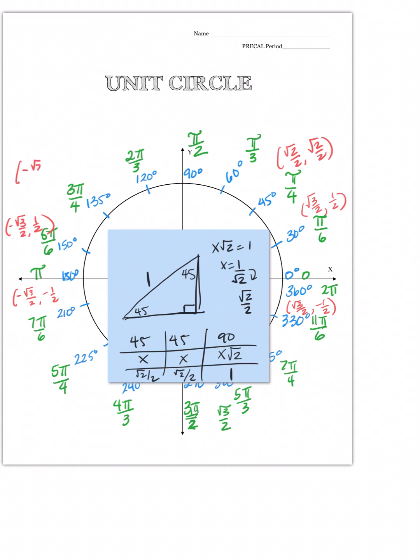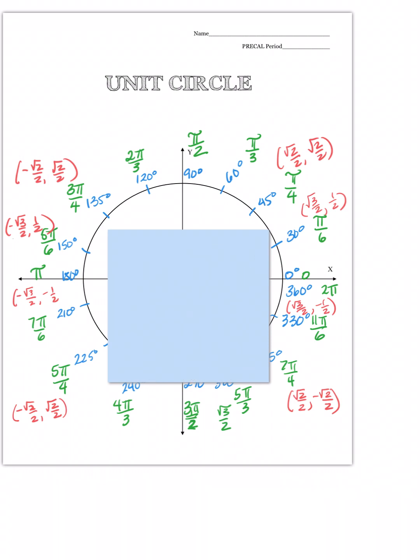So all that's changing is my x coordinate is negative. In quadrant 3, they're both negative. And in quadrant 4, just the y is negative. Oopsies. Okay?